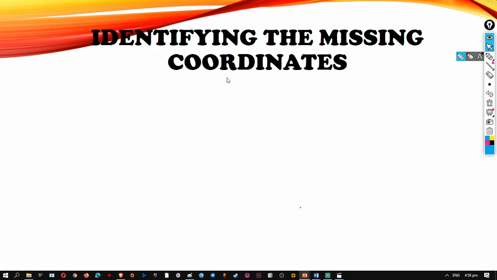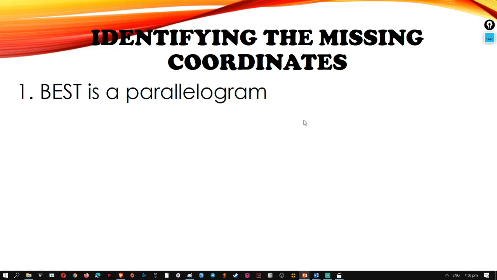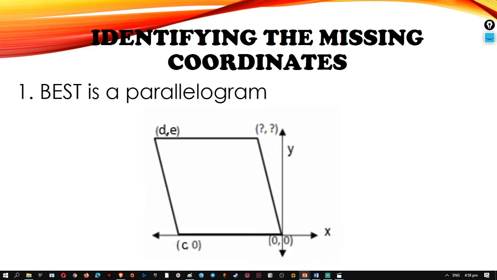Next, paano pag may mga missing coordinates? So, paano natin to i-identify? Okay, let's see. For example, number 1, BEST is a parallelogram. So, you are going to find the missing coordinates.